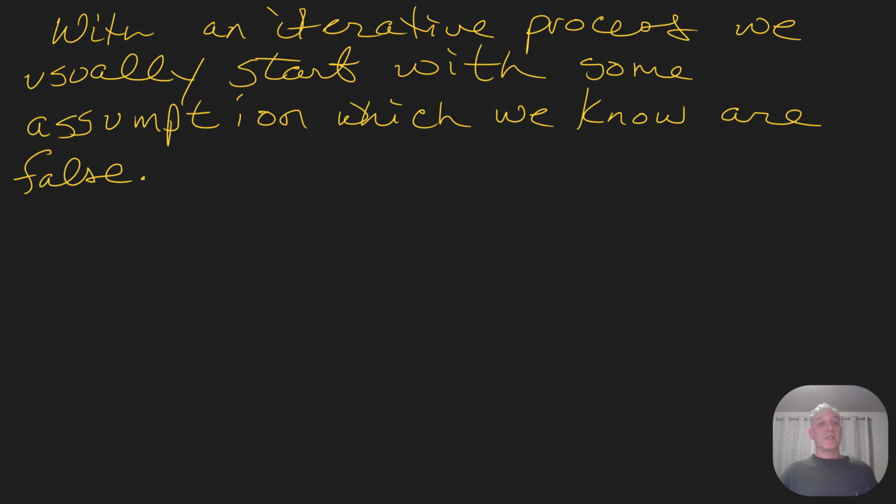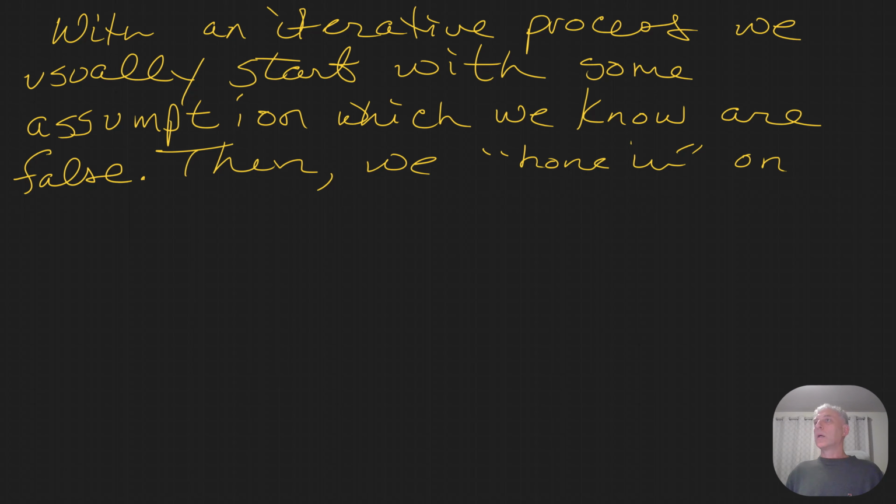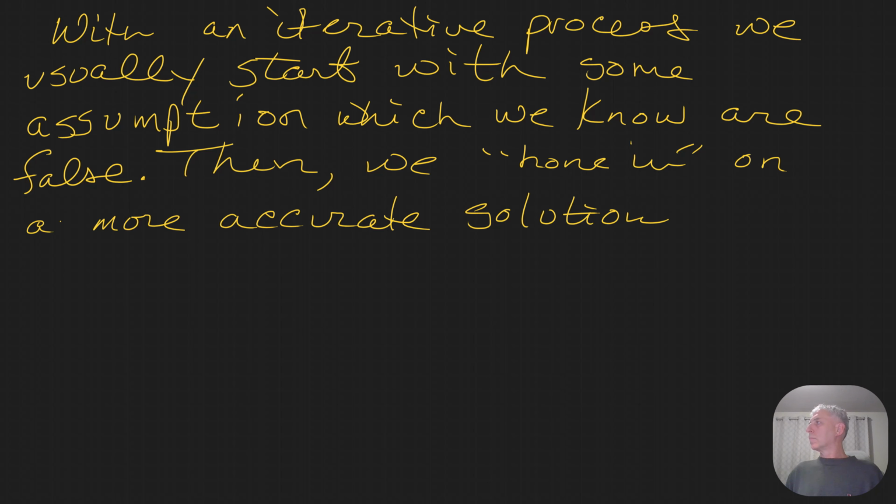So false assumptions give us a starting point, and then we refine our solution through the iterative process to whatever degree of precision is required or that we desire. So we start with false assumptions, then we hone in on a more accurate solution through iteration, or I'll put repetition.